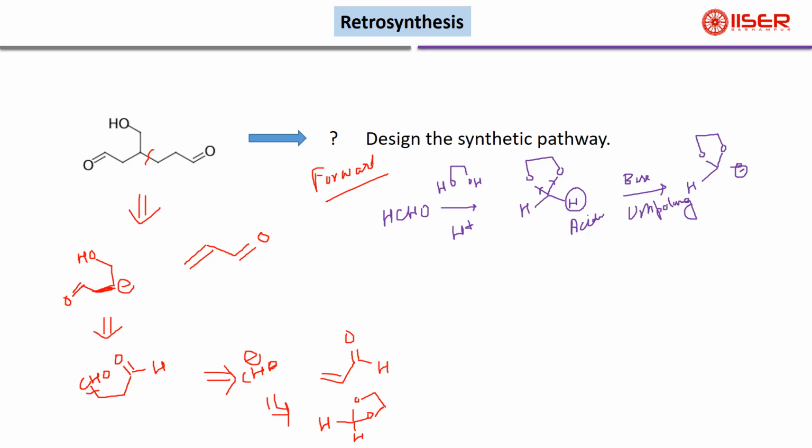So their polarity has been reversed because it was electrophilic in nature. It was electrophilic in nature, but after the protection and base removing the hydrogen, it becomes nucleophilic. That's why it's called umpolung.